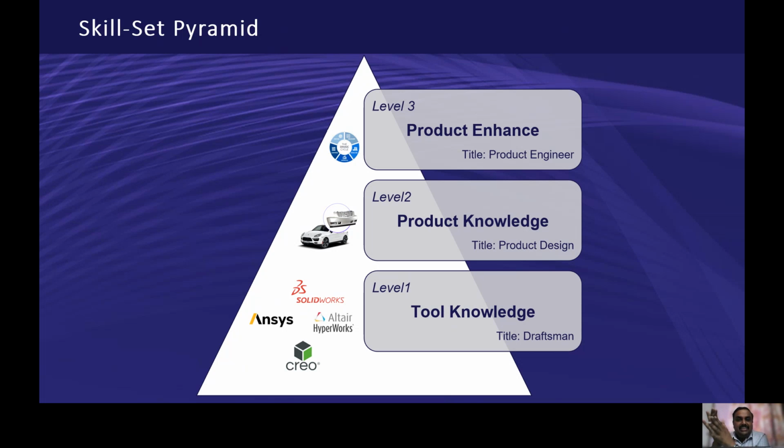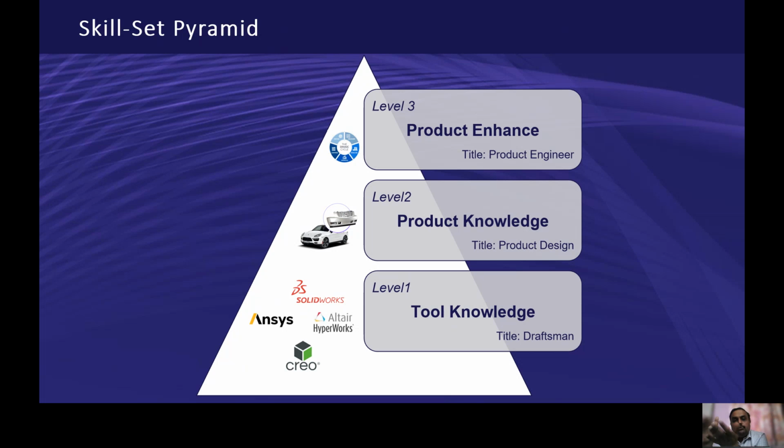And when you have decided on which specific platform and which area you want to focus on, that is where you have to nurture yourself into the product knowledge. And level 3 is where you try to enhance yourself. Once you first define a product, then you can think about enhancing it. For example, if I take a bumper system, first of all you need to know how bumpers are designed, right from the concept till the vehicle fitment.